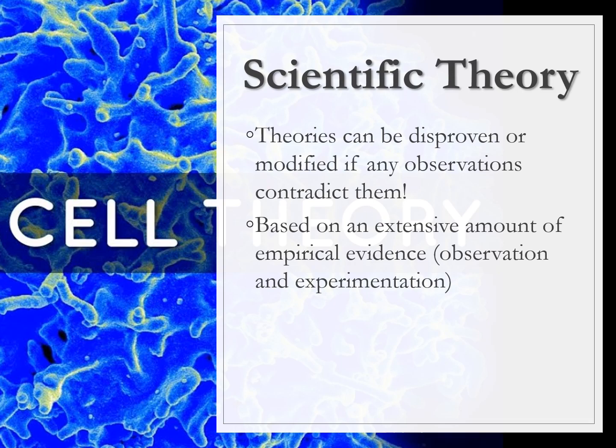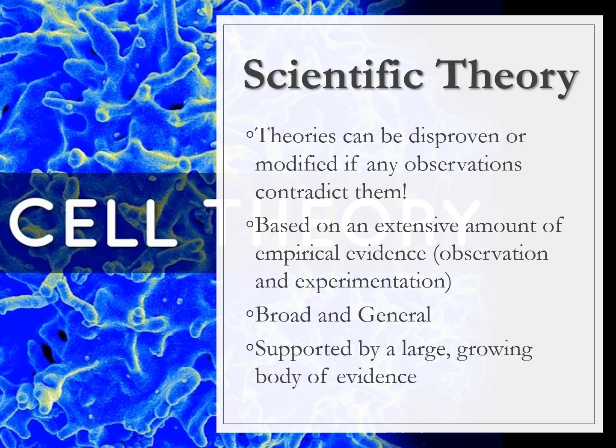So theories are not set in stone, but they are based on a really extensive amount of empirical evidence. And empirical evidence is based on observation and experimentation, right? So we're proving and reproving these theories over and over again, okay? But they tend to be very broad and very general, just like our cell theory example, right?